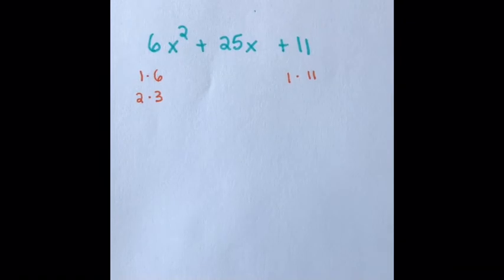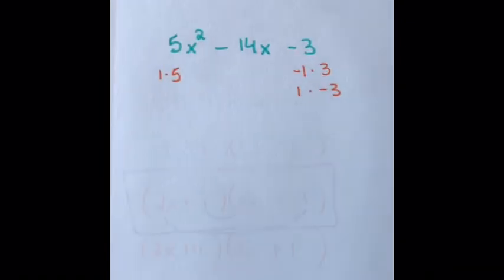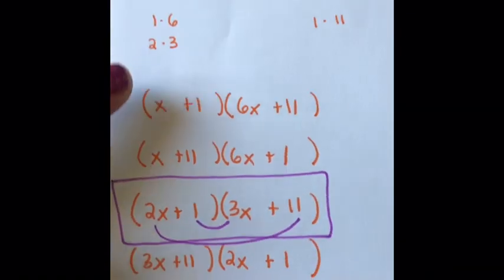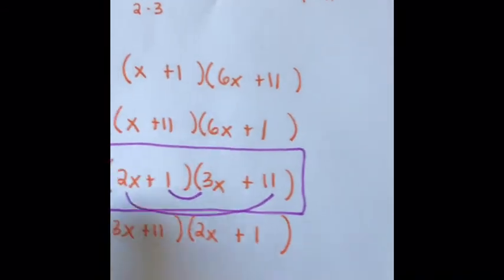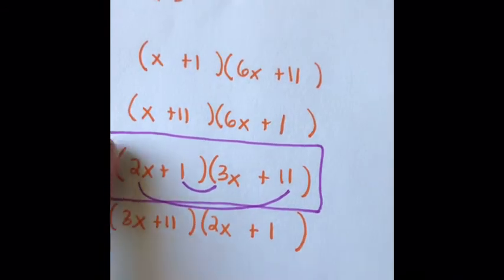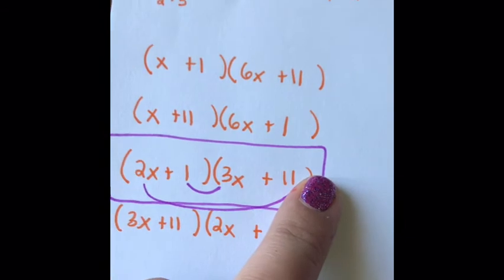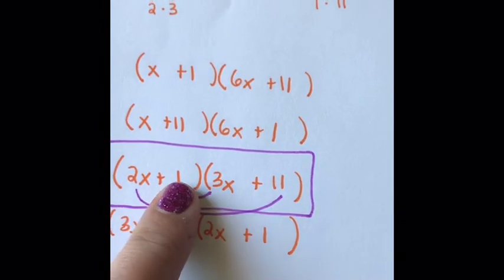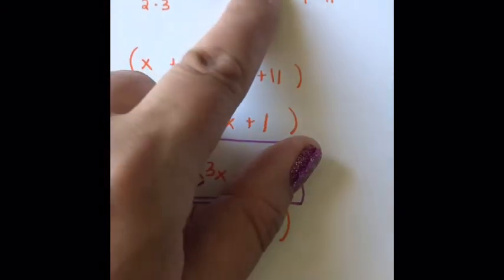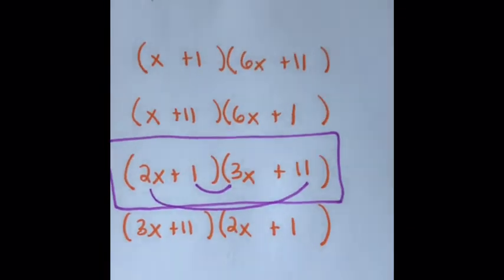Why don't you pause the video, see if you can figure them out on your own, and then come back for the answers. So for this one, I wrote down all the options, and then this one ends up being the answer because 2 times 11 is 22, 3 times 1 is 3, which gives you that middle term, 25.